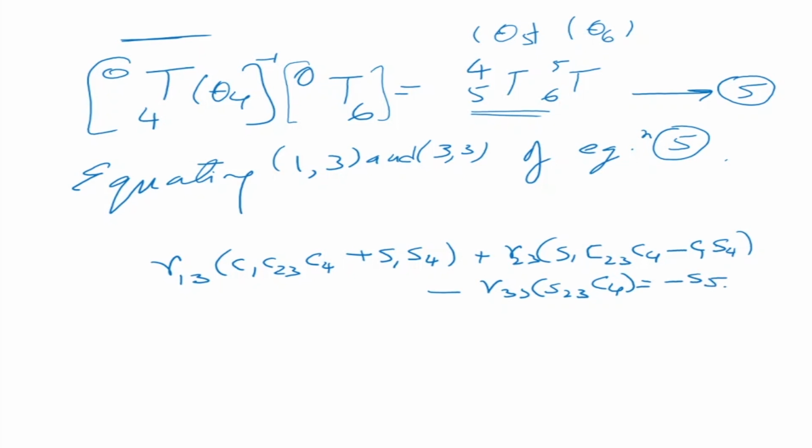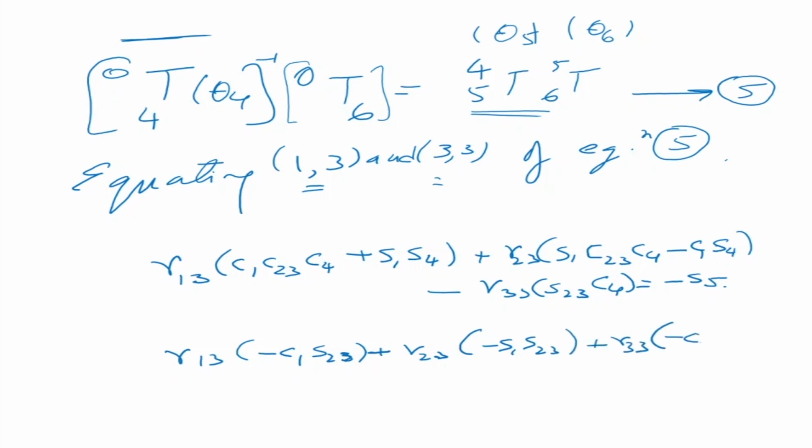Okay, you have to go back to that matrix and simply look at the terms 1 3 and 3 3. So we have two terms and we can equate them. So r1 3 times minus c1 s2 3, plus r2 3 times minus s1 s2 3, plus r3 3 times minus c2 3, is equal to c5.